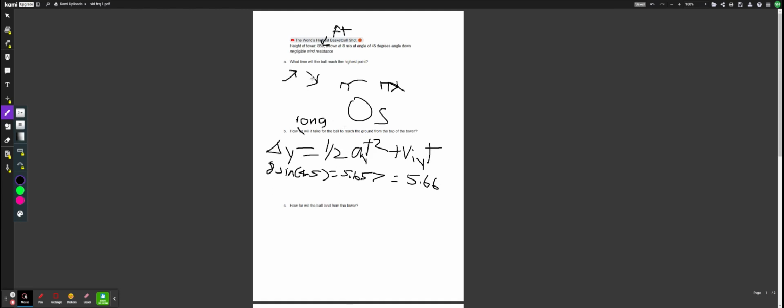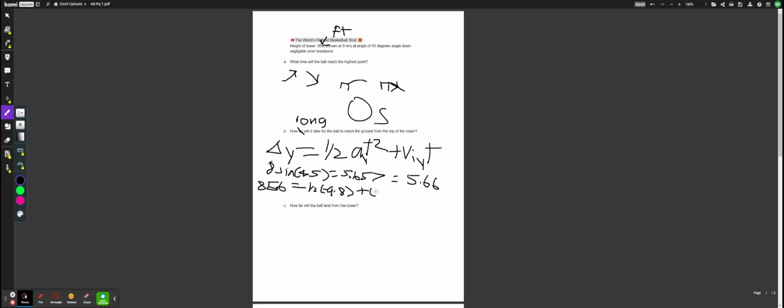So delta y, which is 856, is equal to 1/2 a, and the acceleration in the y direction is just 9.8. But we have to remember to put the negative since it's accelerating downwards. Then plus v_iy, which we just figured out is 5.66.